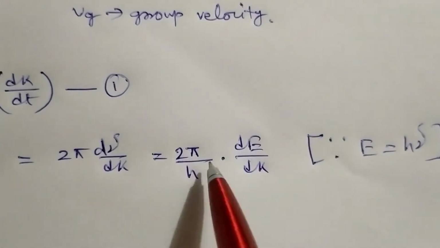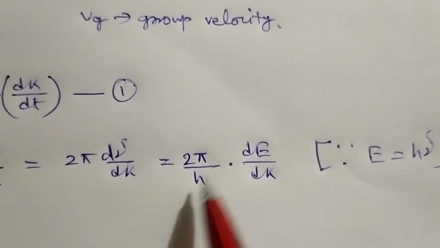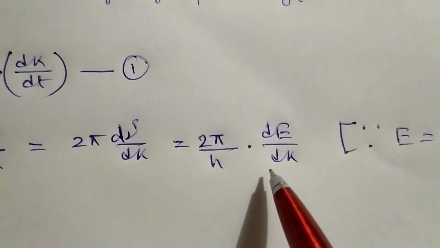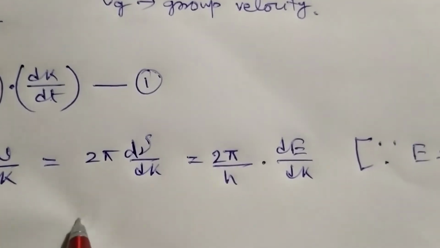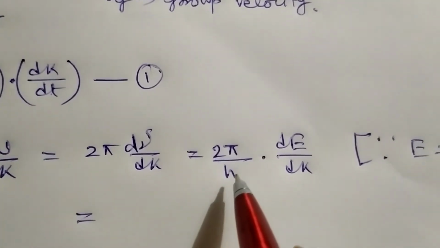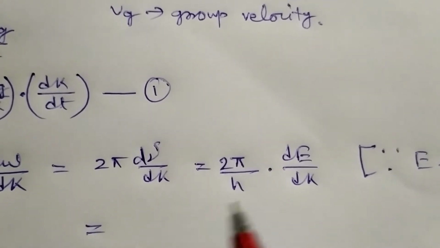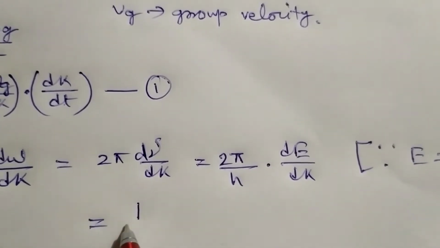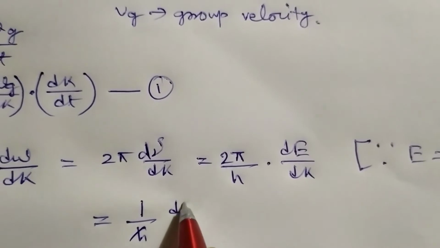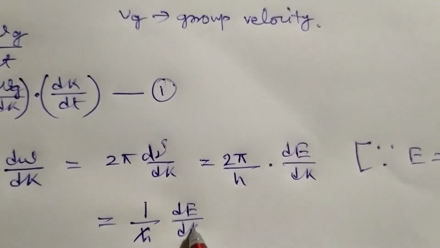So it is 2 pi by h dE/dk, and h by 2 pi is written as h cut in quantum mechanics, so it can be written as 1 by h cut dE/dk.